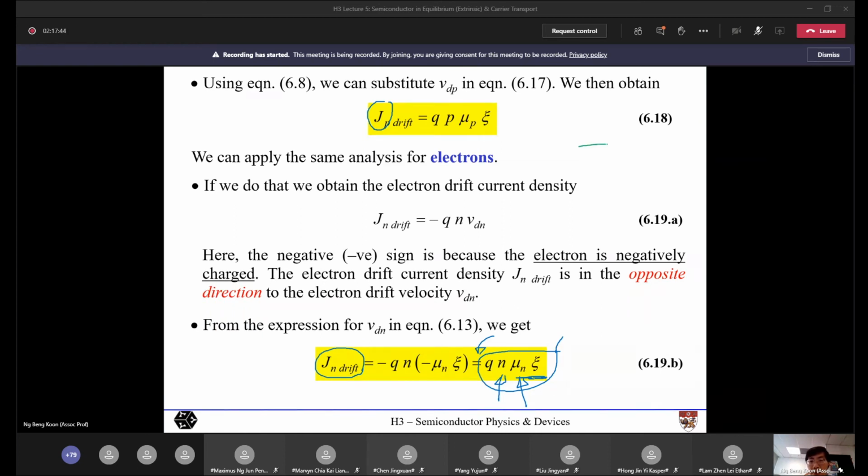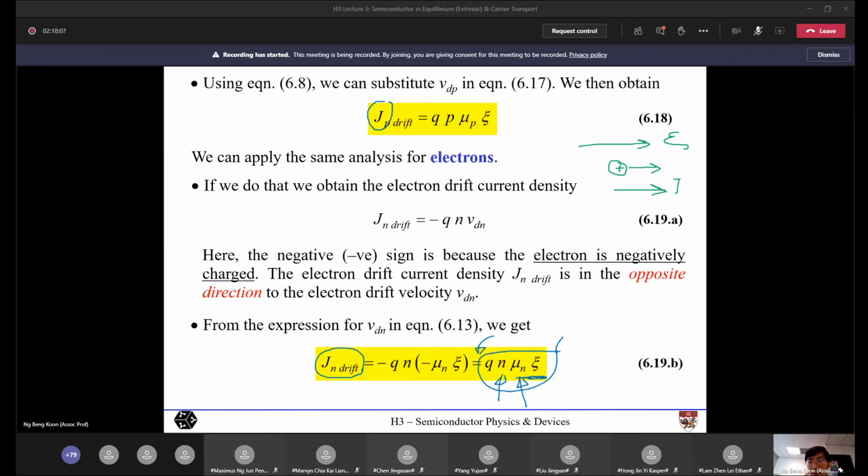We can think through this. Say the electric field points from left to right. For a hole, the electric force will be in the same direction as the electric field, and the conventional current arising from the hole moving left to right is also in the same direction.